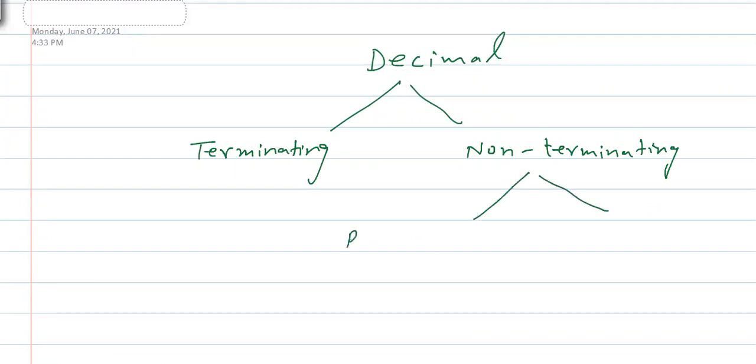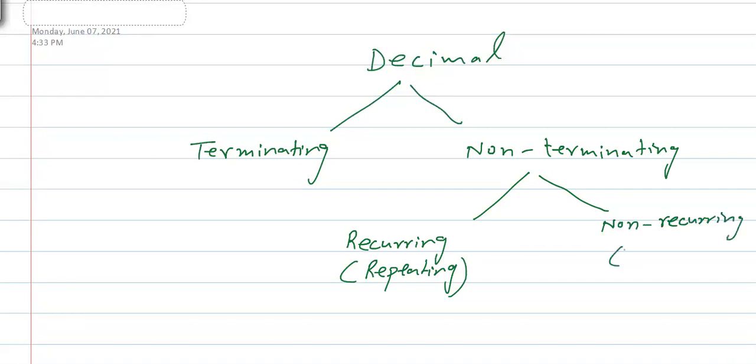Non-terminating can be recurring, or we can call them repeating. In brackets I'll write repeating. Or they can be non-recurring, meaning non-repeating, not repeating. I always try to keep the language as simple as possible. So this is the structure of the decimal that should be in your mind now.